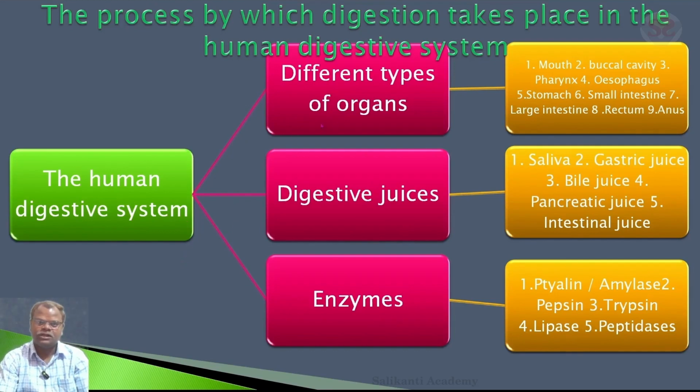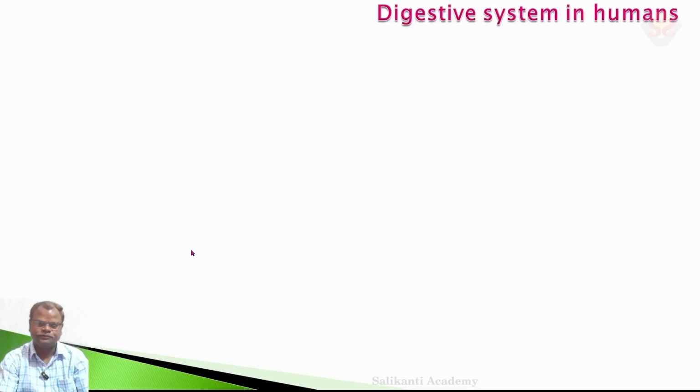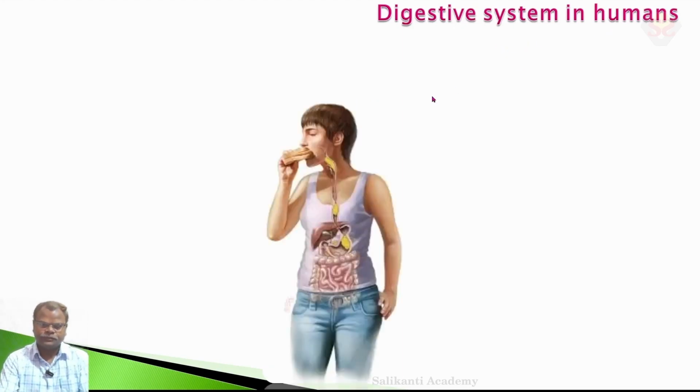First, we learn in detail about what organs are present in the digestive system. Digestive system in humans. See students, observe the digestive system in the human body.